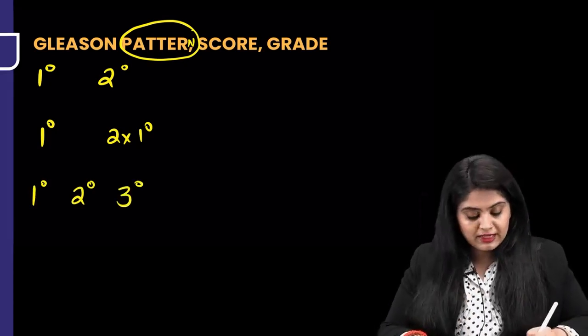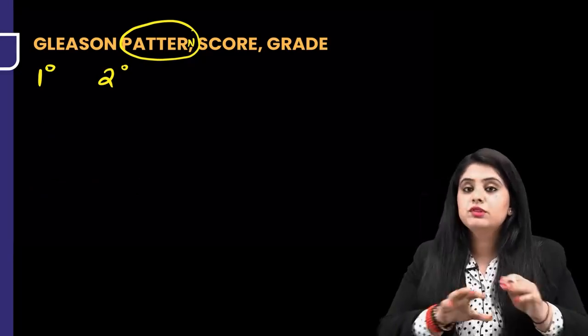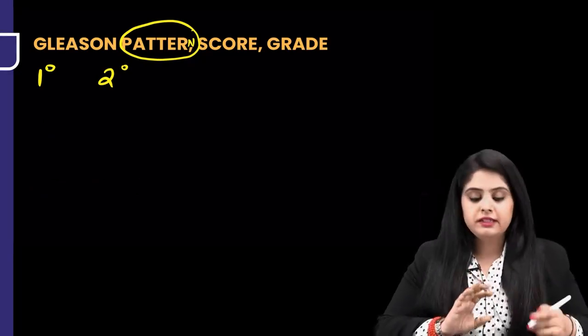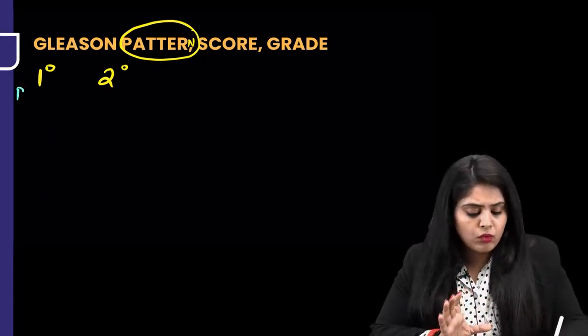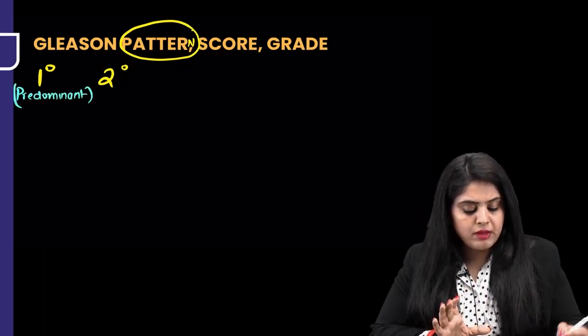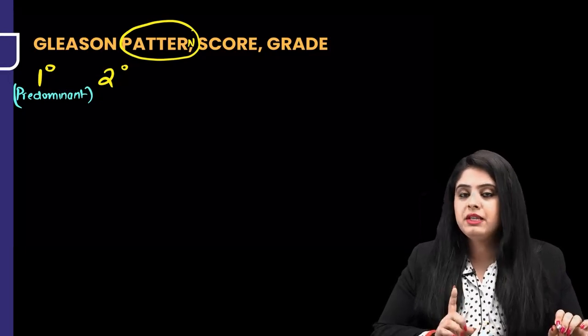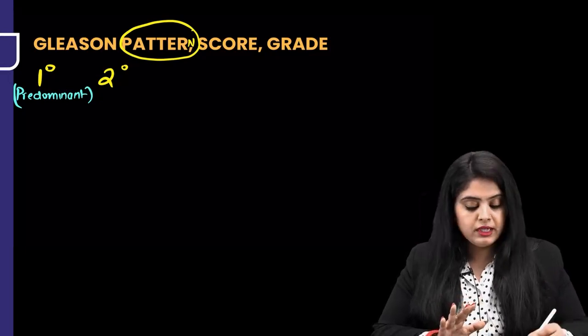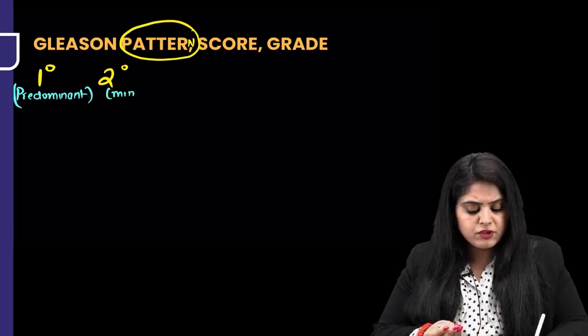So what do I mean by that? Listen carefully. This is where most students lose track, okay? When I say predominant, what is the most of the slide made up of? Predominant pattern is going to be pattern number 1. Okay, primary pattern, primary means predominant, and then there is a minor pattern which becomes secondary.